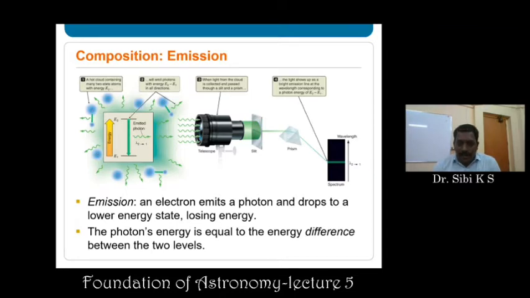When the light from the cloud is collected and passed through a slit and a prism, the light shows up as a bright emission line at a wavelength corresponding to the photon energy E2 minus E1. The photon energy is equal to the energy difference between the two levels.